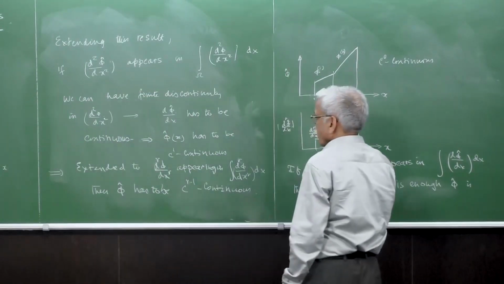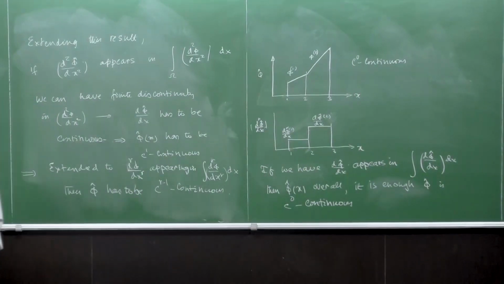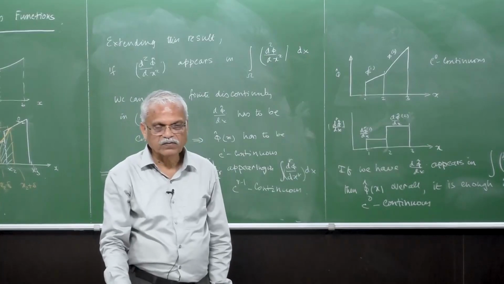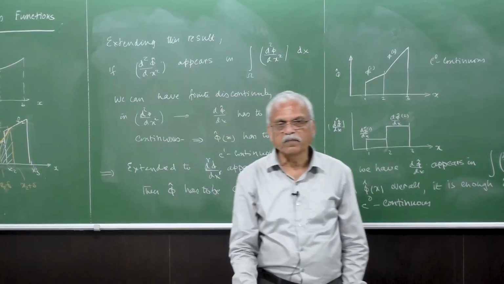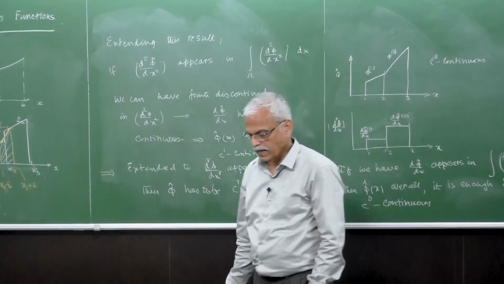This is an extension from here to here to here. So if you have an r-th derivative, then φ̂ has to be C^(r-1) continuous, meaning the r-th derivative may have a finite discontinuity. That is allowed up to that point.